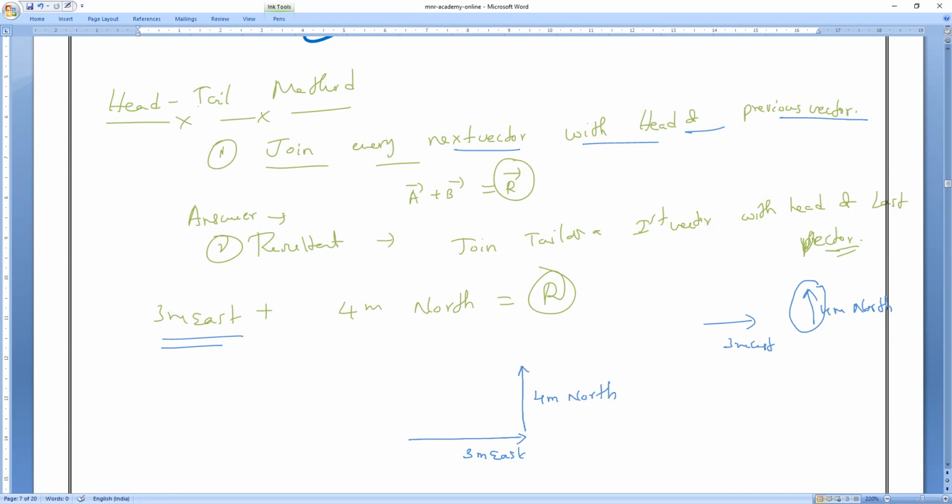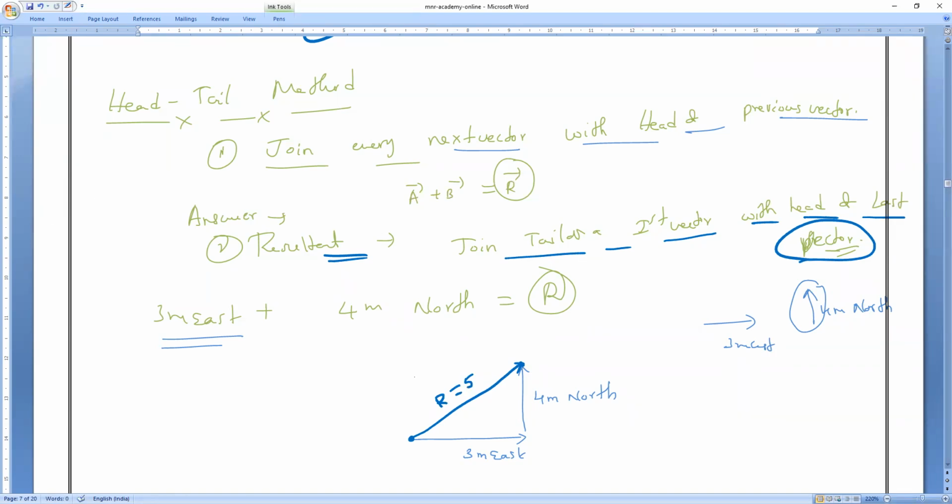Now, I want to find the resultant. How to find the resultant? The resultant is obtained by joining the tail of the first vector with the head of the last vector. So I take the tail of the first vector and the head of the last vector, and that gives the resultant vector.